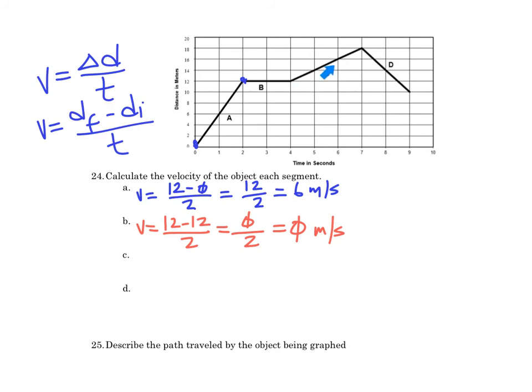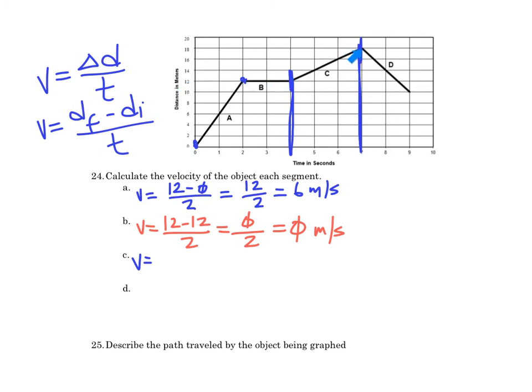In my third segment, C, it's got a positive slope. It should have a positive velocity. So we're looking at between here and here only. This little segment. Okay, so the velocity is equal to final distance minus initial distance. My initial distance started here is at 12.